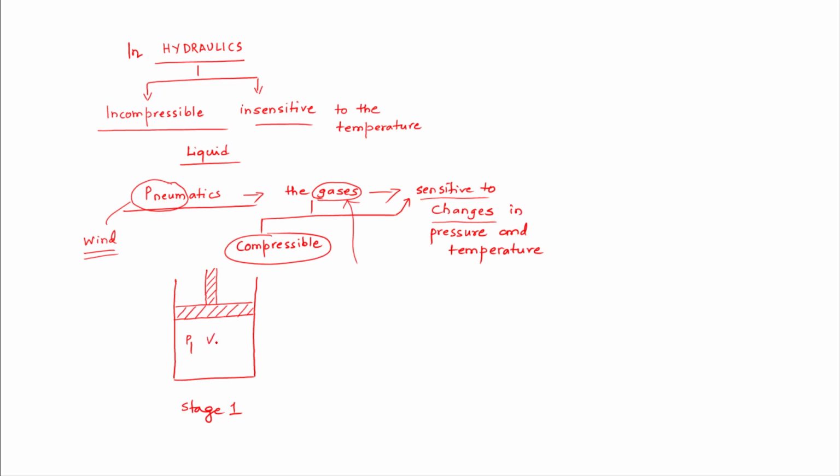Let us consider that we apply a force F to the piston. When we apply the force F to the piston, the piston displaces in the downward direction, and the volume is reduced from V1 to V2.